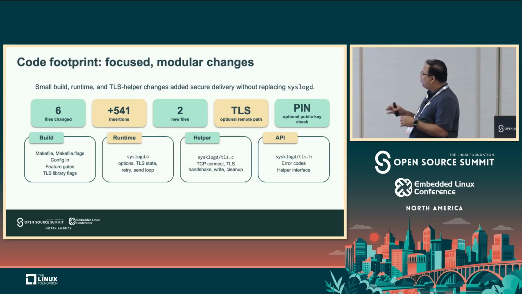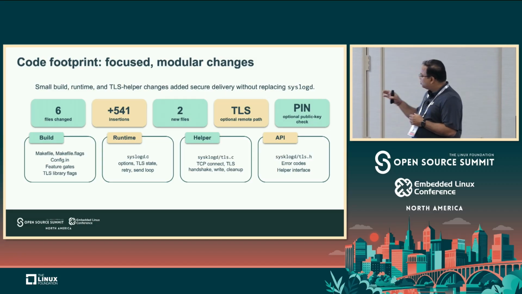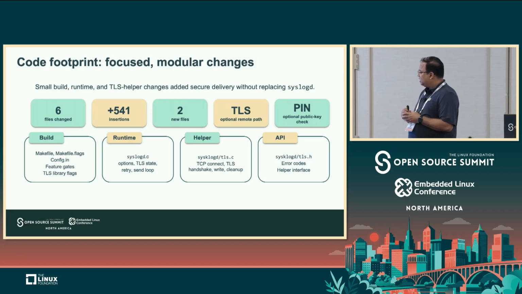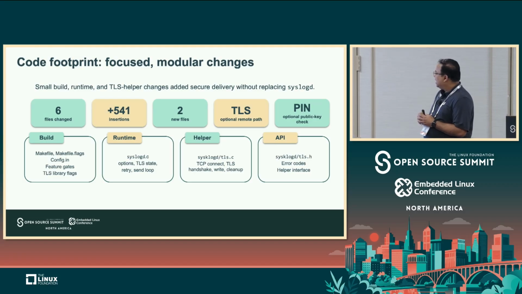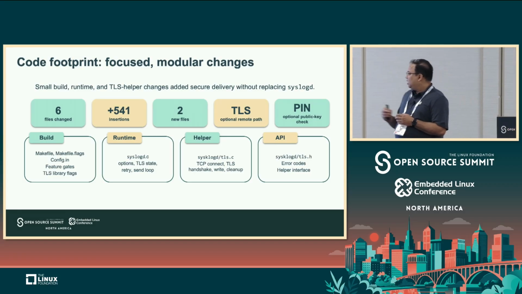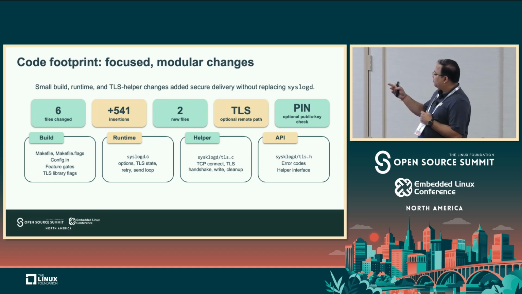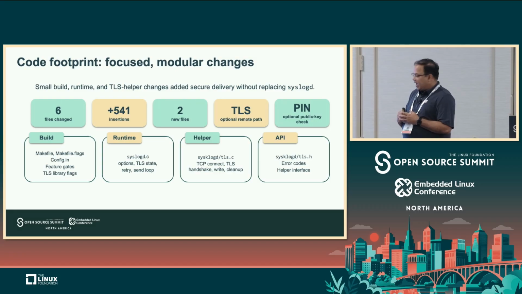This is the code footprint: a total of 6 files changed, with somewhere close to 500 plus insertions. 2 new files were added, and we added the optional TLS remote path and the optional public key check. In the build framework, we have the makefiles, config files, feature gates, and the TLS flags.